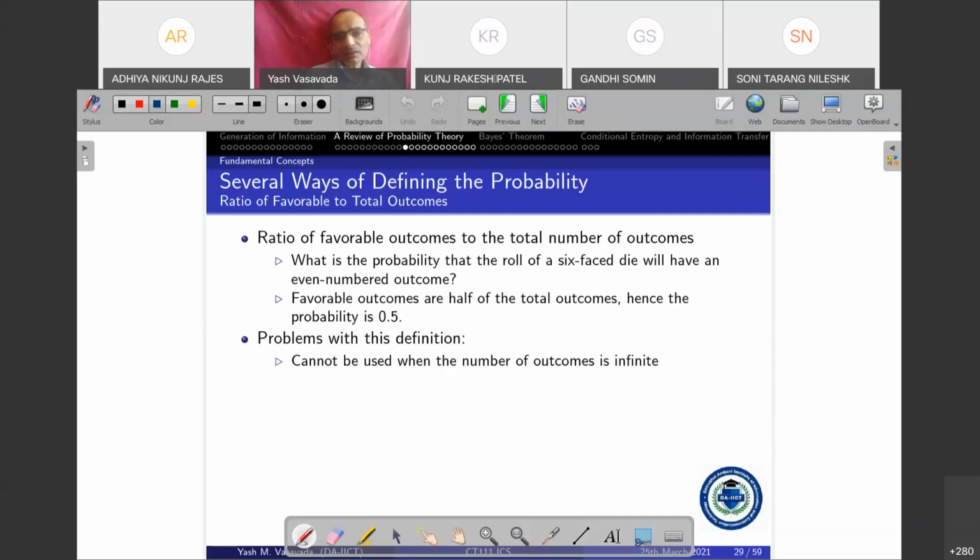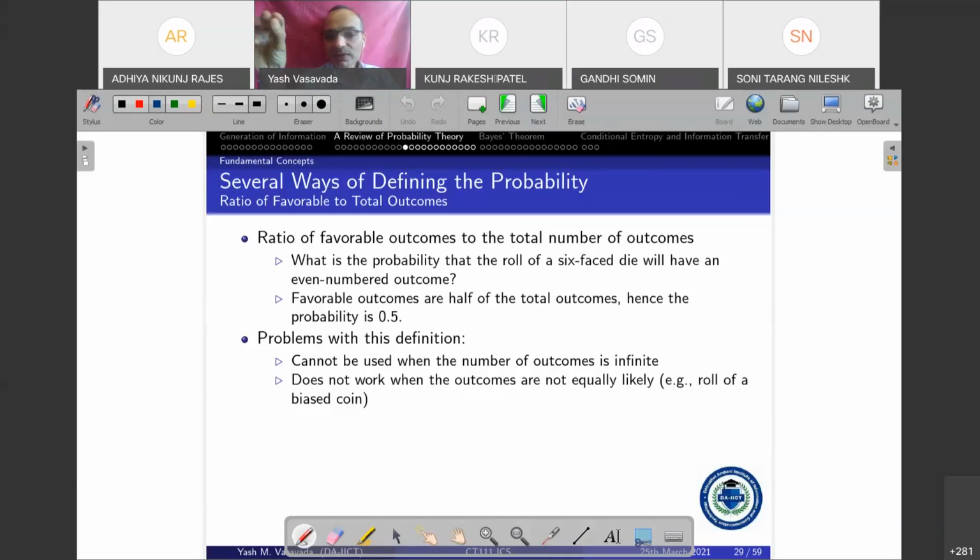But maybe an even more fundamental problem is that this works only when the outcomes are equally likely. Suppose somebody makes this 6-faced die in a way, maybe that person is a gambler and he wants to win most of the time, so he manufactures a die whose faces number 1, 3, and 5 are not very likely to come out.